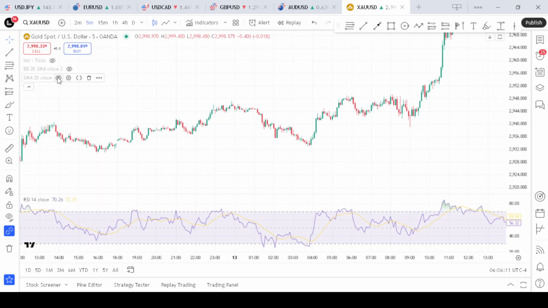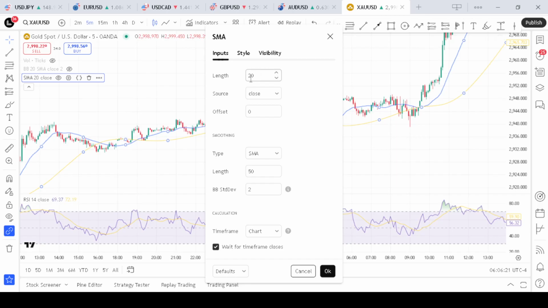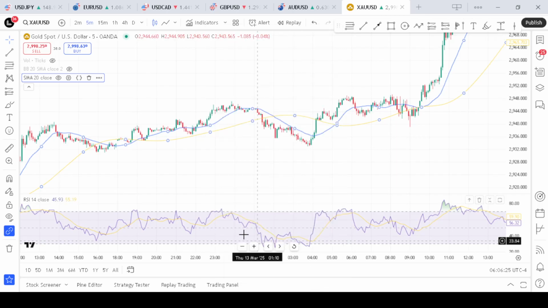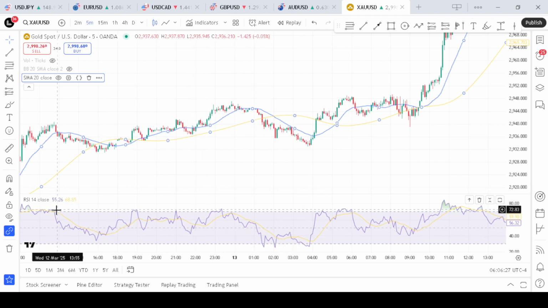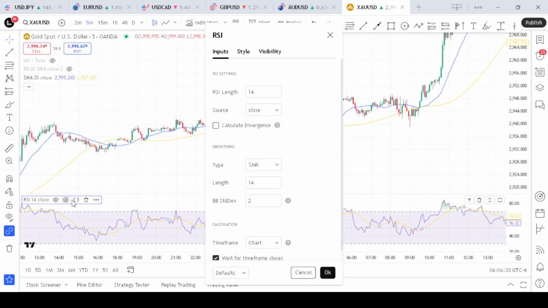Next, you have to add your indicators. You add your simple moving average of a 20 period moving average and a 50 period moving average. These are the settings for your simple moving average 20 and your 50 moving average. You would also set your relative strength index on your screen, and this is my relative strength index indicator. You set it to a setting of 14 period.